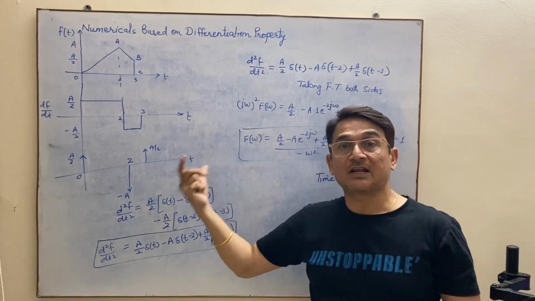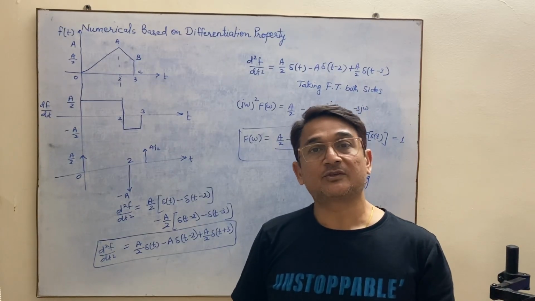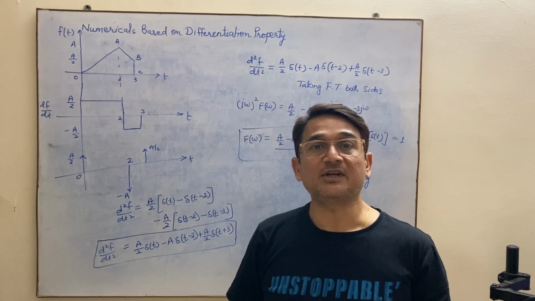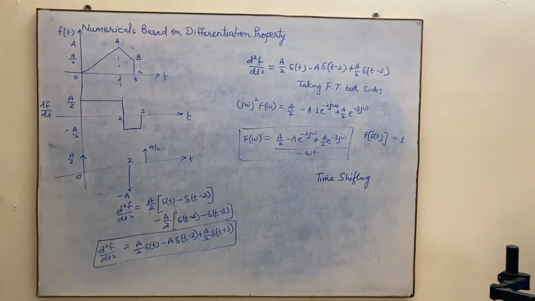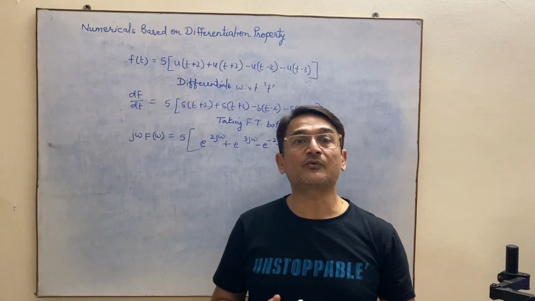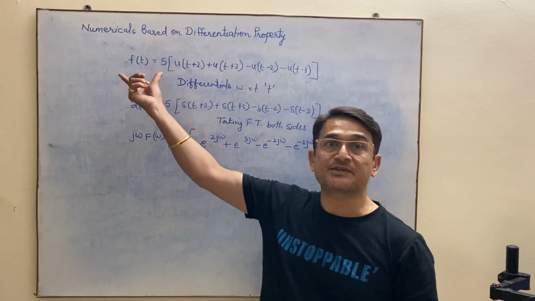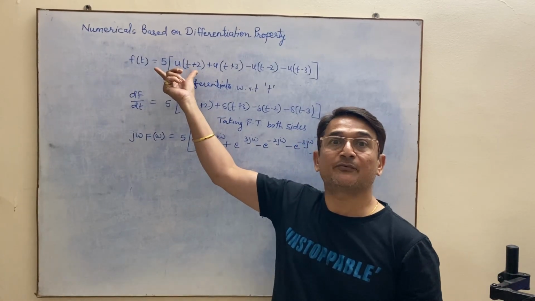Now we will take another question in which an equation is given to you, and through that equation you will get the answer by using the time differentiation property. So this is another type of question which may come in the exam in the form of an equation. In this equation you can see that the function is in the form of unit step functions.